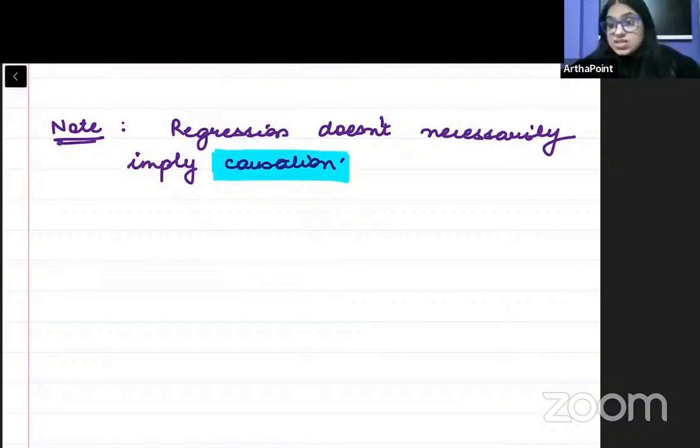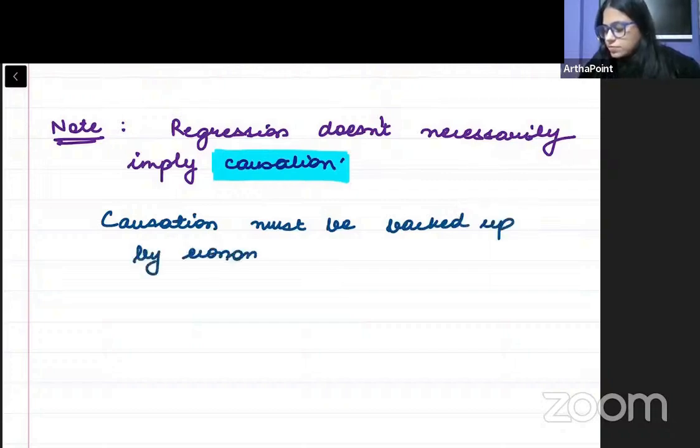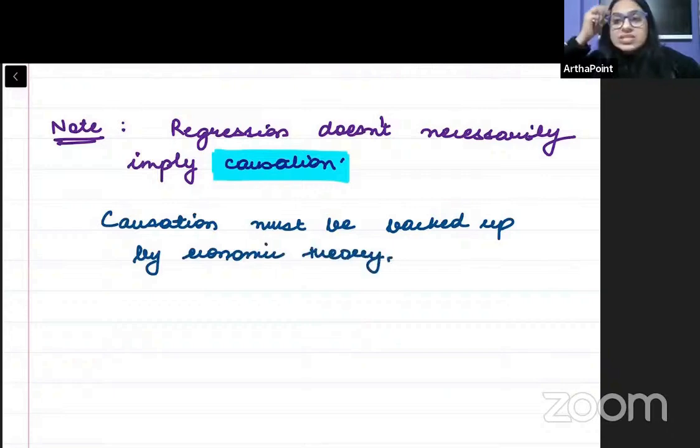But one is causing other, that's a big thing to say, right? So please write down forever in mind that causation, मतलब एक की वजह से दूसरा होना, must be backed up by economic theory.